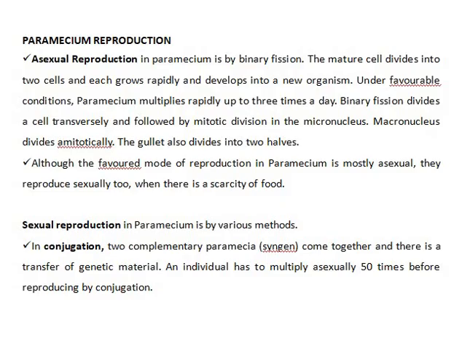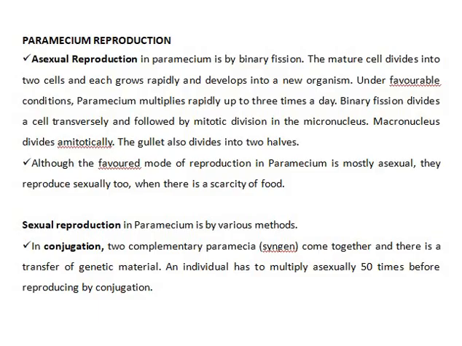Under favorable conditions, Paramecium multiplies rapidly, up to 3 times a day. Binary fission divides a cell transversely, followed by mitotic division in the micronucleus. The macronucleus divides amitotically. The gullet also divides into halves.